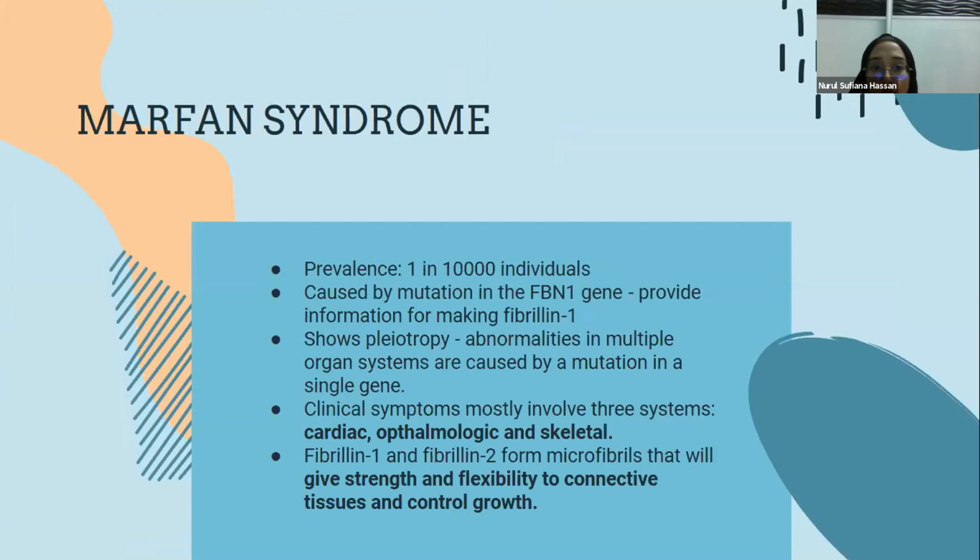The last autosomal dominant disorder is Marfan syndrome. Marfan syndrome shows pleiotropy, in which abnormalities in multiple organ systems are caused by mutation in a single gene. Marfan syndrome is caused by a mutation in the FBN1 gene, which provides information for making fibrillin 1.